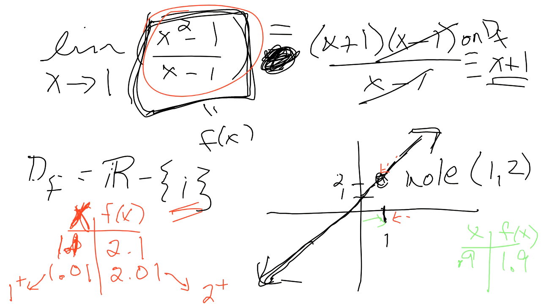I'm going to guess that if I plug in 0.99, I'll just do this one quick, square that one out. 0.99 squared is 0.9801, minus 1 is minus 0.0199, divided by minus 0.01 is 1.99.